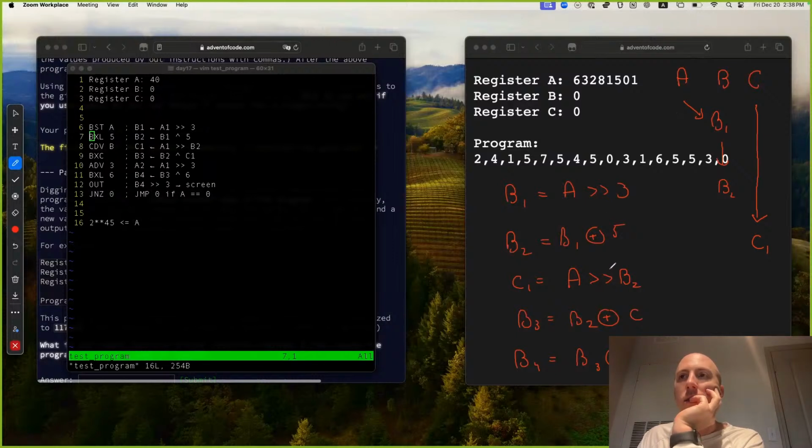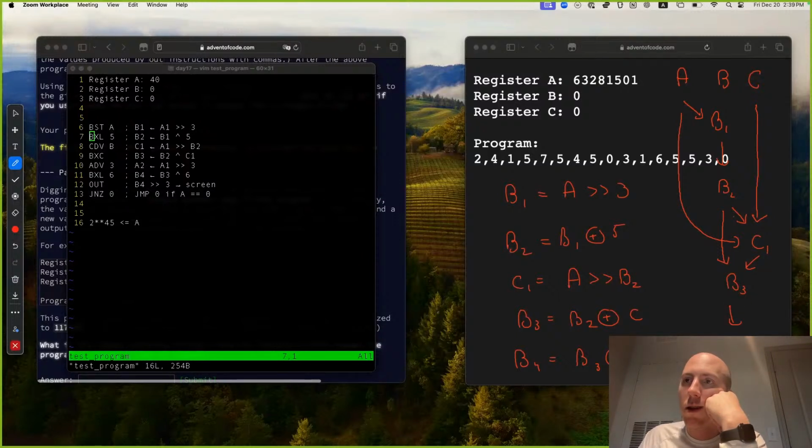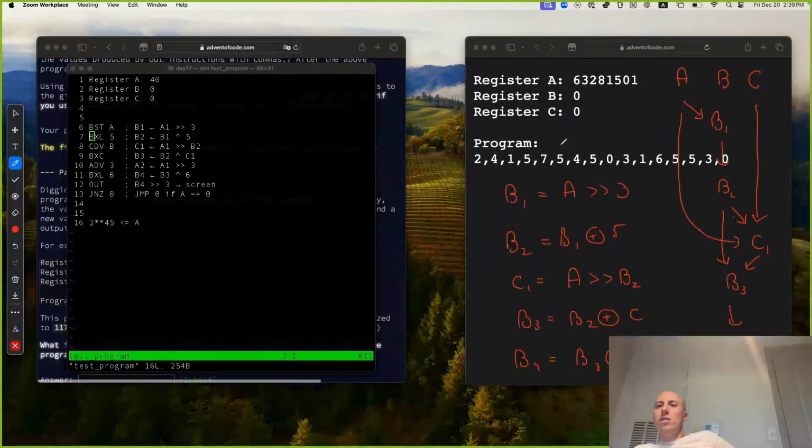We get C1, and then B3 is B2 and C, and then B4 is this. So that's kind of the steps: this is step 1, this is step 2, step 3, step 4, step 5.